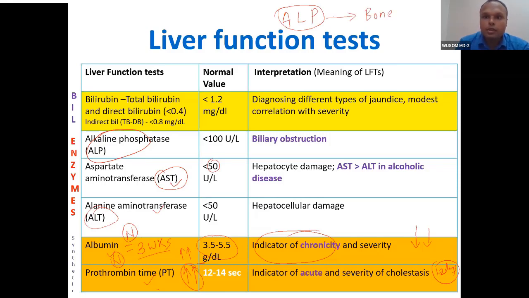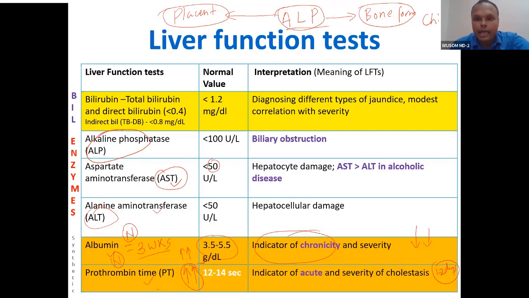This enzyme is also secreted by the placenta in pregnant women. In growing bone, ALP is a very important enzyme, so in growing children you will normally see high ALP.